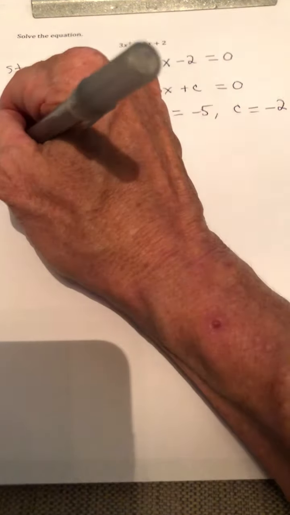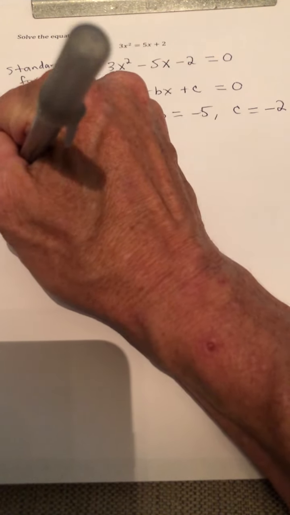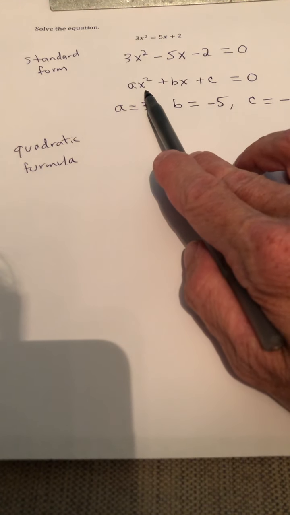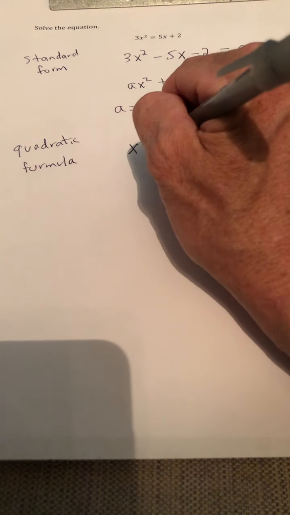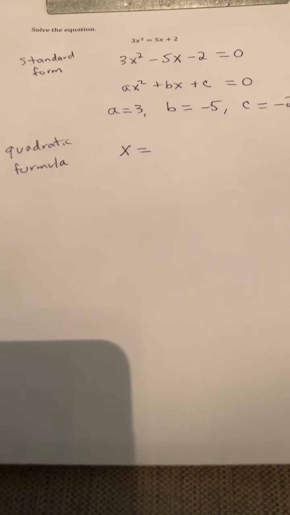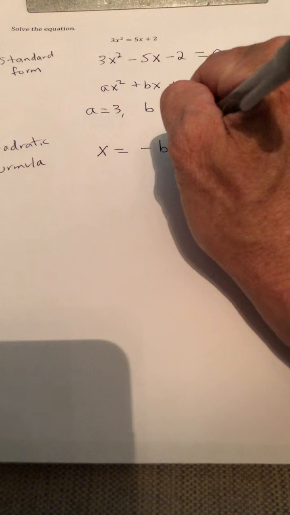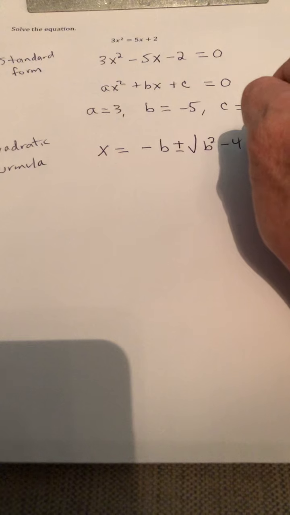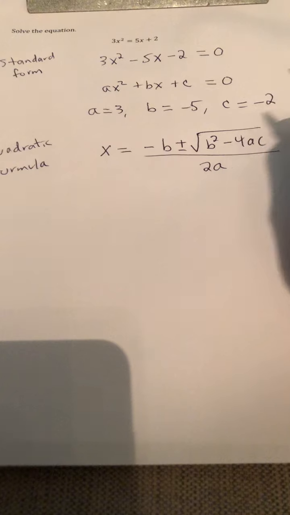Now, the quadratic formula. If you have the equation ax squared plus bx plus c, the solutions are given by the formula x equals negative b plus or minus the square root of b squared minus 4ac, all over 2a.